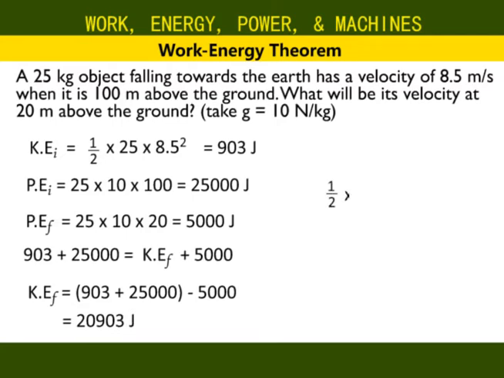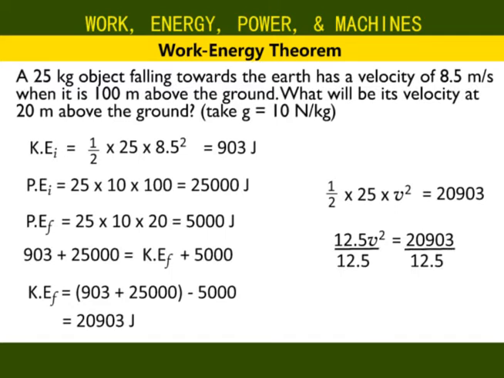A half times 25 times v squared will be equal to 20,903. 12.5 v squared is equal to 20,903. We divide both sides by 12.5. And v squared is equal to 1,672.24, making v equal to 40.9 meters per second.